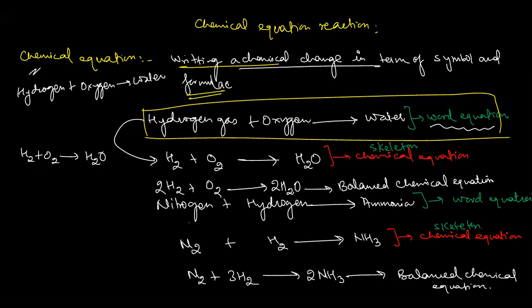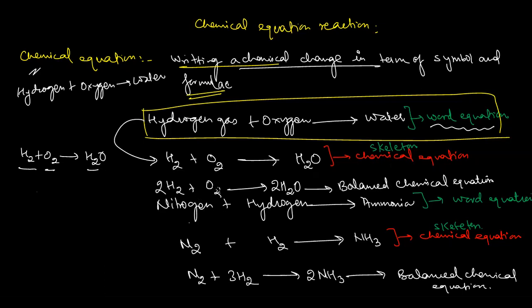So if we have written a chemical change in terms of symbols and formulas, but the total mass of the reactant side and the product side are not equal, that will be considered a skeleton chemical equation. Now, how to balance this is another matter.